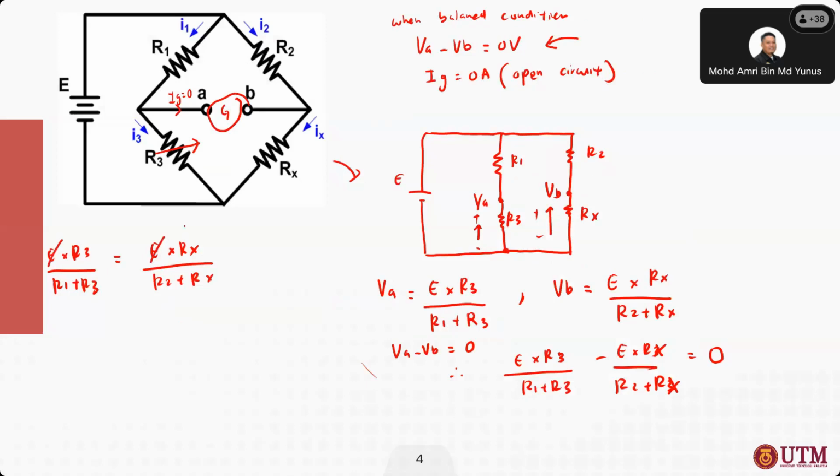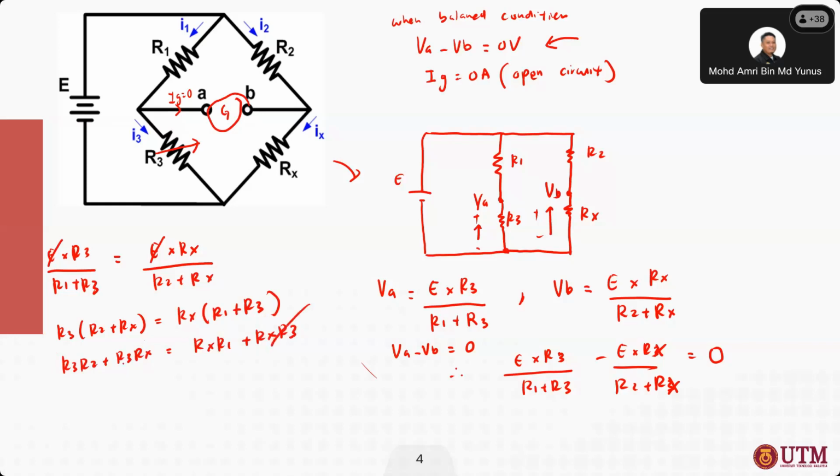So E is cancelled. Then we have R3 multiplied by R2 plus Rx equals Rx multiplied by R1 plus R3. So R3 R2 plus R3 Rx equals Rx R1 plus Rx R3.